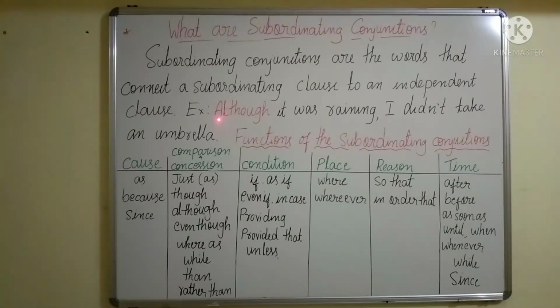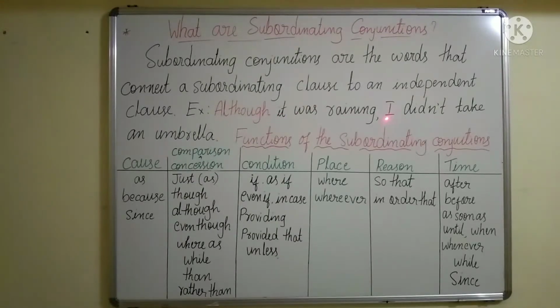Whereas, in the case of the subordinating clause, although it was raining, without the independent clause it doesn't make any sense. Isn't it? Although it was raining. Does it give any sense? No. Because it needs something else to make complete sense.